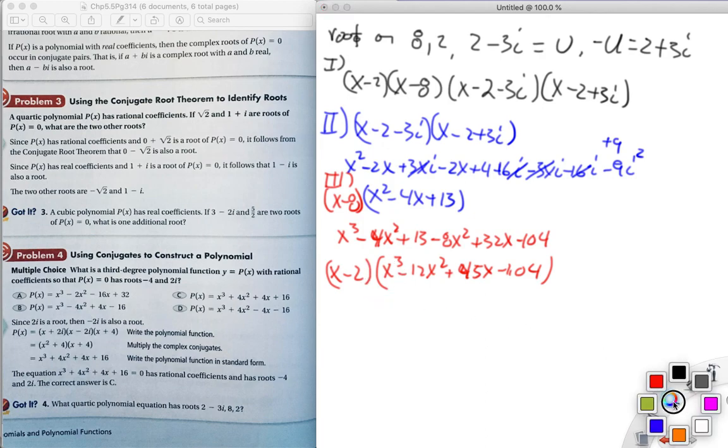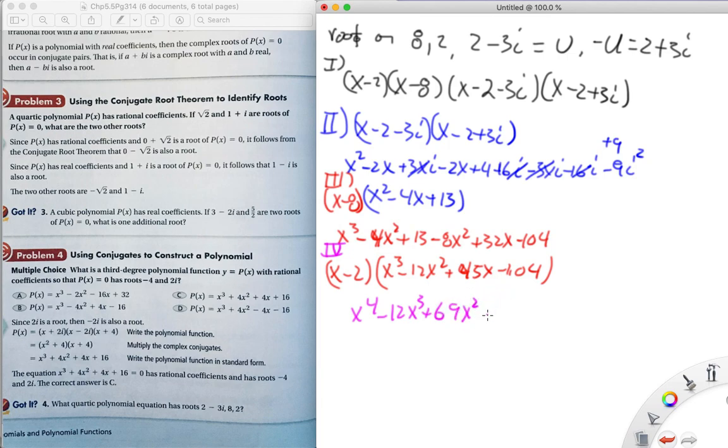And then that would be my step 3, 4. So then that gives me x to the 4th minus 12x cubed plus 69x squared minus 194x, whoops, skipping steps, plus 45x squared minus 104x minus 2x cubed plus 24x squared minus 90x plus 208.